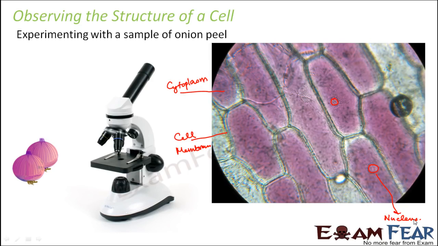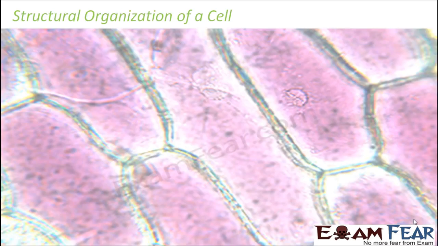First, we will talk about these three important things: cell membrane, cytoplasm and nucleus. After that, we will take up other organelles like mitochondria, plastids, endoplasmic reticulum, Golgi bodies. We'll discuss that later because these three are the most basic components which make up a cell. Talking about the structural organization of a cell, it consists of plasma membrane, which is also known as cell membrane.